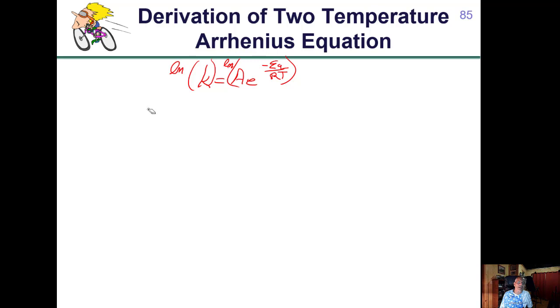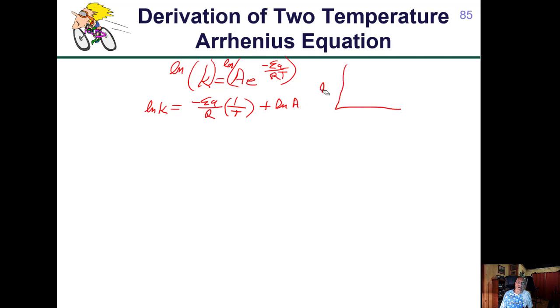That's going to give me the natural log of K, the rate constant for this reaction, and that's going to equal minus E of A over R, and then I'm just going to split off the temperature down here. Remember, I'm writing it as the equation of a straight line plus the natural log of A, and that is my y-intercept. So this is the y equals mx plus b that I can graph.